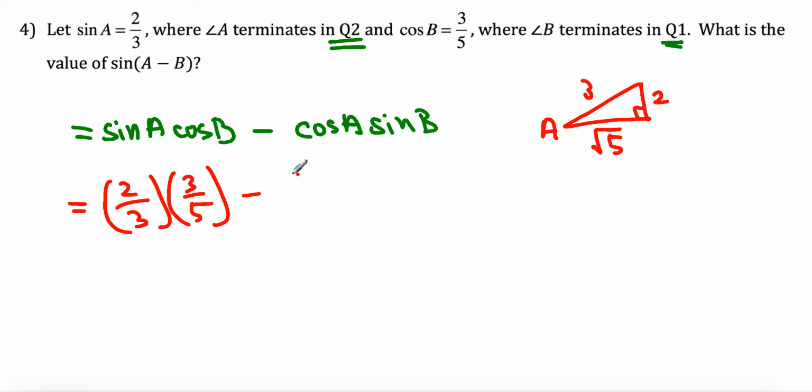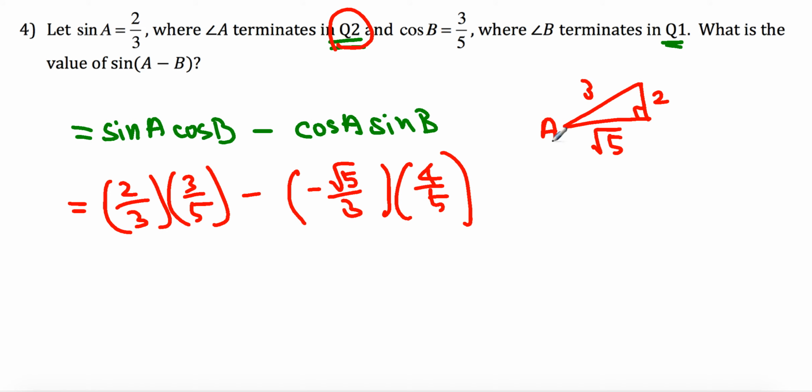But cosine of A would be equal to negative radical 5 over 3 because on the second quadrant, cosine is negative. How about sine? Since cosine is 3/5, using the same strategy, we can say that sine of B would be 4/5. But since it's in quadrant 1, we don't have to worry about positive or negative.